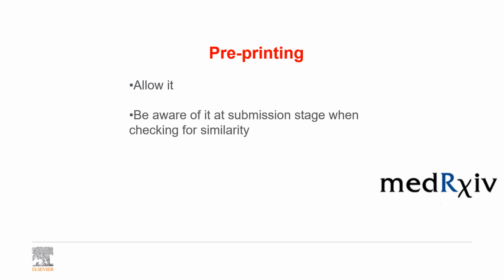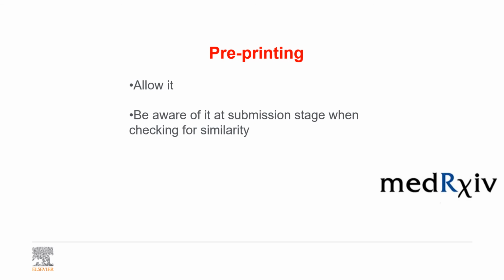Be aware of it at the submission stage when you're checking for similarity, because of course if something is put on a repository online, it will show up as being similar to the manuscript on your submission system. So you need to be aware of this, and of course if it is a preprint, then it should be okay, as long as they haven't plagiarized or copied from other sources.